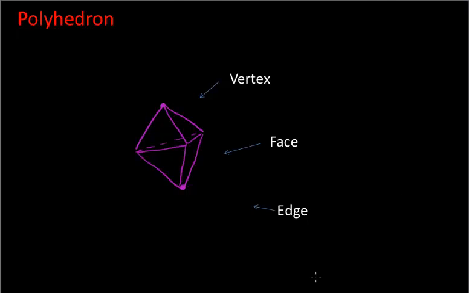Here's a picture of a polyhedron. I had a nice one that I had clipped offline, but for some reason it didn't appear, so I just drew this one quickly. This is not necessarily a regular polyhedron. It's just a polyhedron, a 3D solid with faces that are polygons.